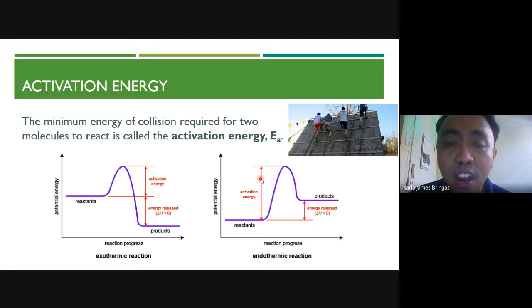So actually, we can envision the activation energy as just that. It's kind of like a barrier or a hill or some obstacle course na kailangan natin i-overcome to get from one side of this obstacle to the other side. You can imagine if you're the climber in this picture, maybe you haven't had lunch that day, so you don't have as much energy.